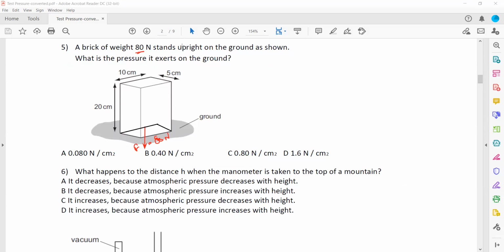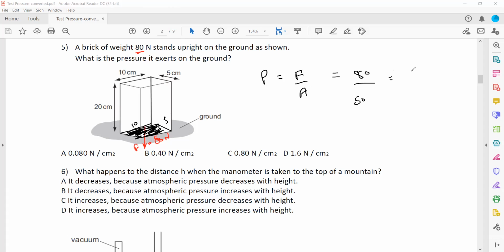So we want to calculate the pressure. Pressure is force acting on unit area. We know the force, that is 80, but what about the area? What length should I take to calculate this area? It will be 10 multiplied by 5, because this is 10, this one is 5, height is 20, so 10 multiplied by 5 is equal to 50.